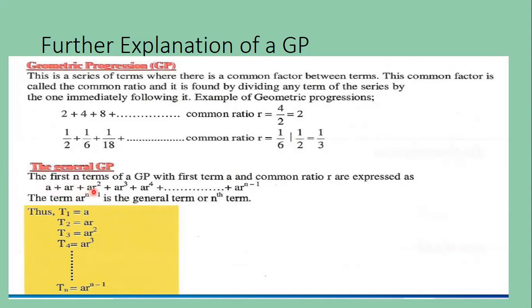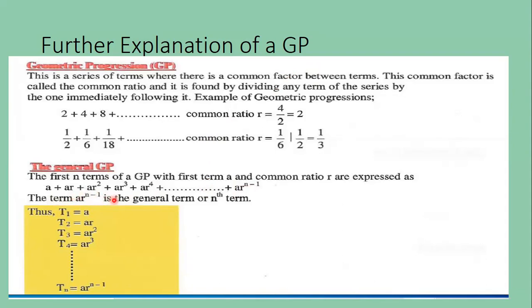The expression is A plus AR plus AR squared plus AR cubed plus AR to the 4 plus dot dot plus AR to the N minus 1.